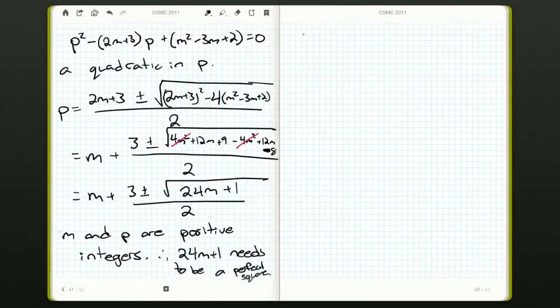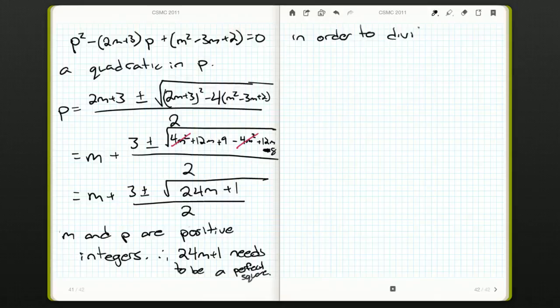Not only that, it must be an odd square.